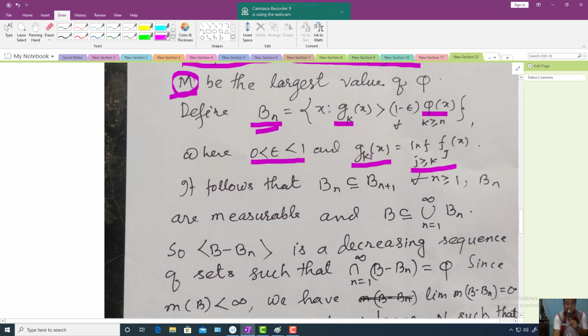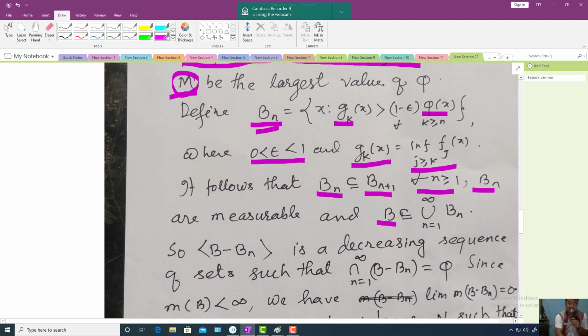So g_k x as we defined is a monotonic increasing sequence of measurable functions. Also, Bn is a subset of B_{n+1} for all n greater than or equal to 1. So we have a sequence of measurable sets Bn which is increasing.